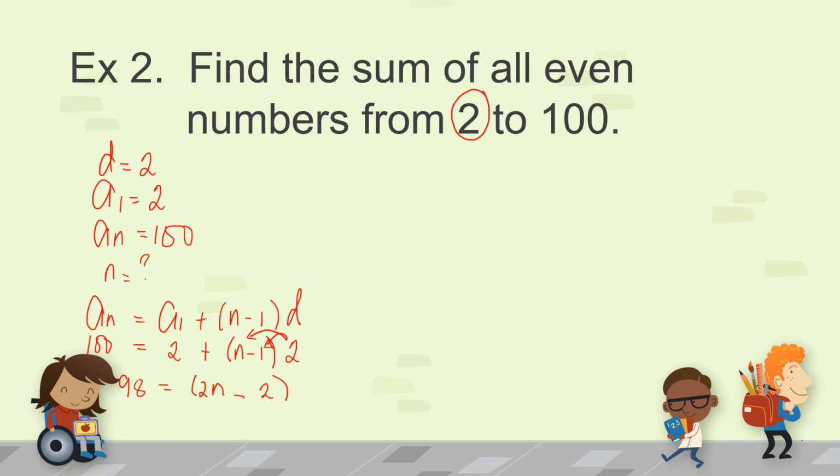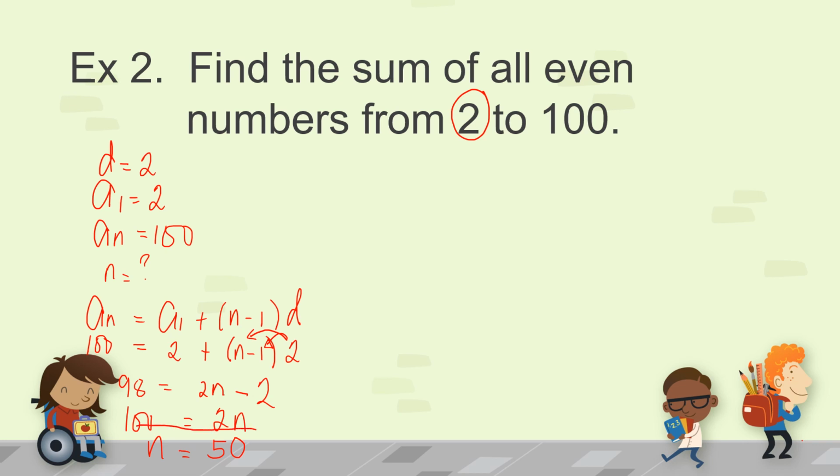Next, we will add both sides by positive 2. So we will have 100 is equal to 2n. And dividing both sides by 2, n is equal to 50.